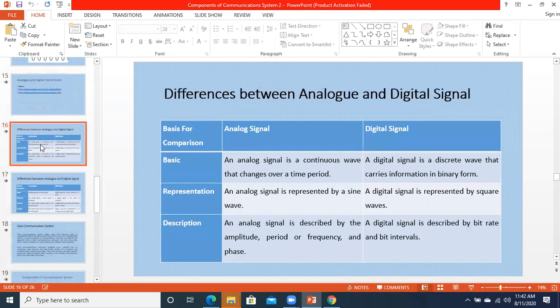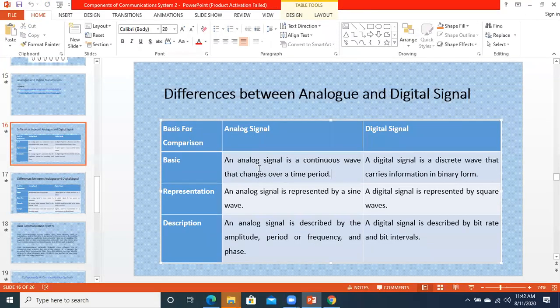Now, let us go through the differences, because sometimes the examiner asks you, what is the difference between an analog and a digital signal? How can we differentiate between them? As we have discussed, the analog signal is a continuous wave, and in this continuous wave there are changes over a period of time.